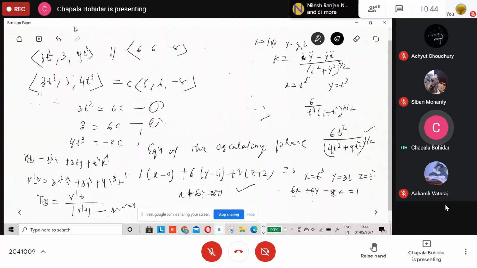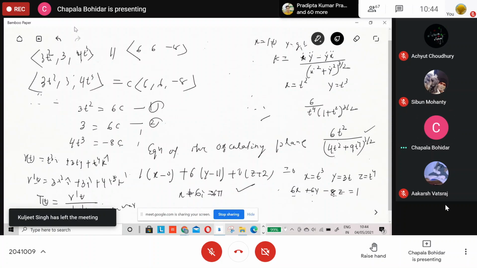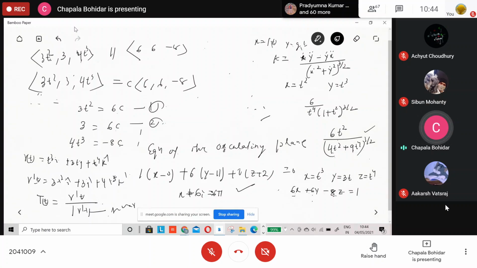So now from equations 1 and 2, 6c, 6c, we get 3T square is equal to 3. So the value of t is equal to plus minus 1.